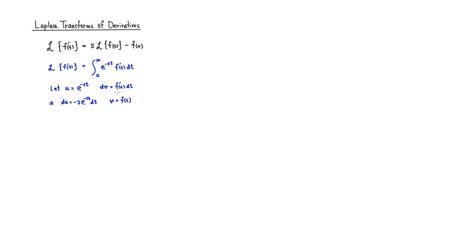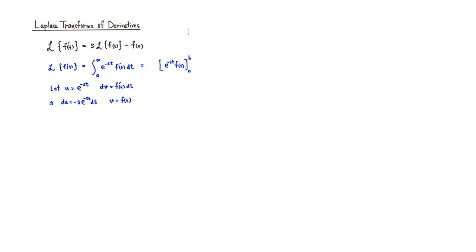Using integration by parts, uv is, maybe I should write it in the same order, e to the negative st times f of t, going from 0 to infinity.